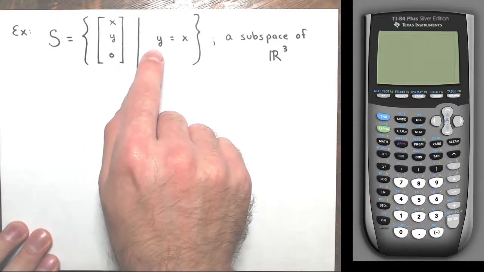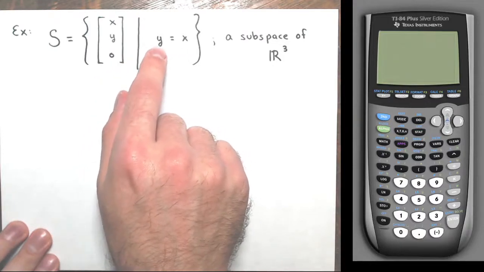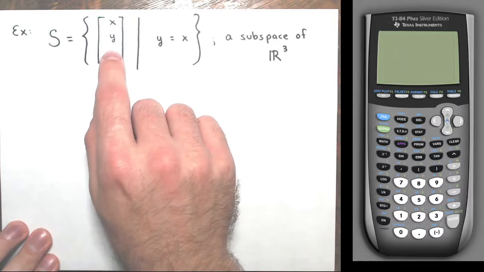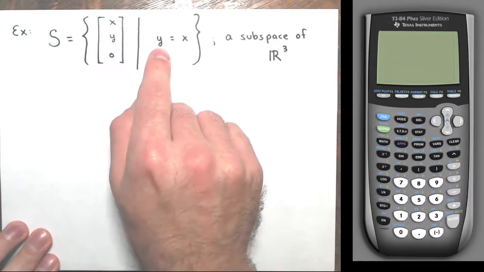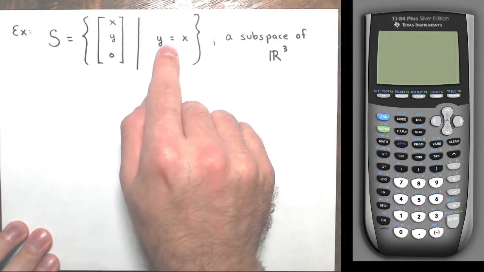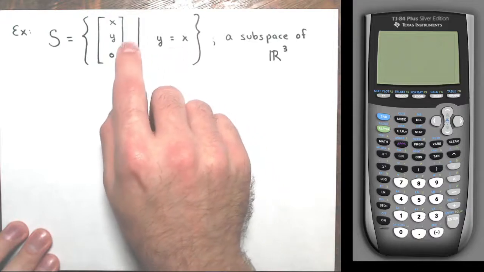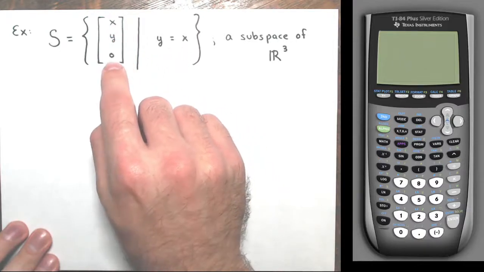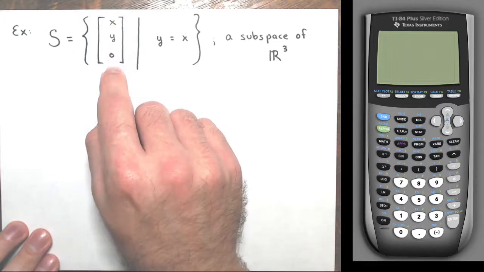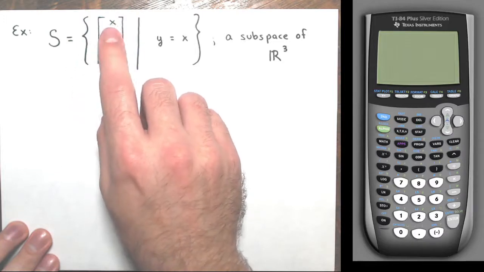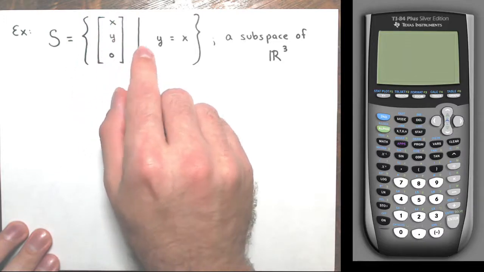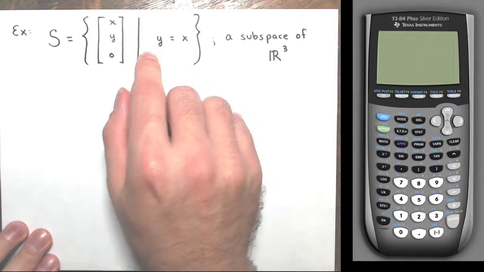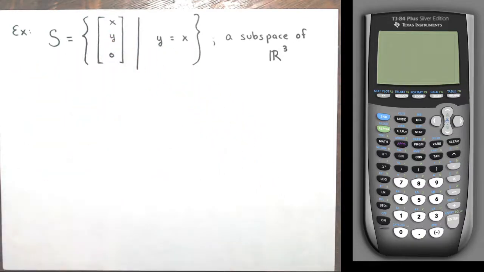And then there's also this condition, this equation that is satisfied by the components. It says that the second component must be equal to the first component. So the vector (1, 1, 0) would be in S, (2, 2, 0) would be in S, (-1, -1, 0) would be in S. As long as the first and second components are the same, and the third component is 0, you have a vector in S.